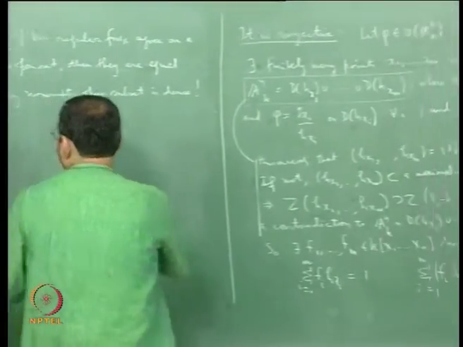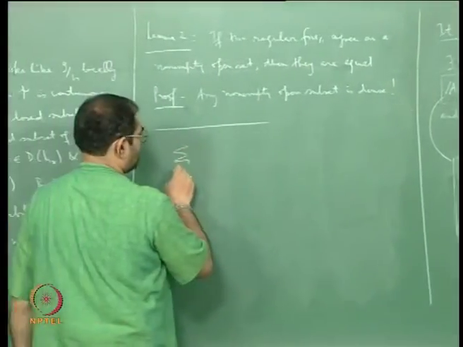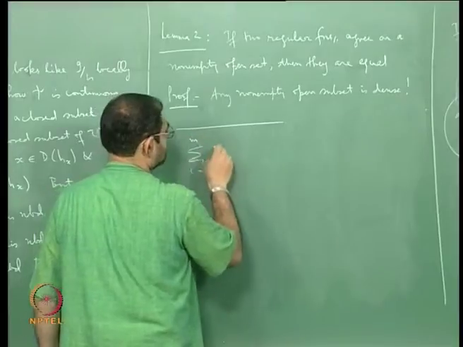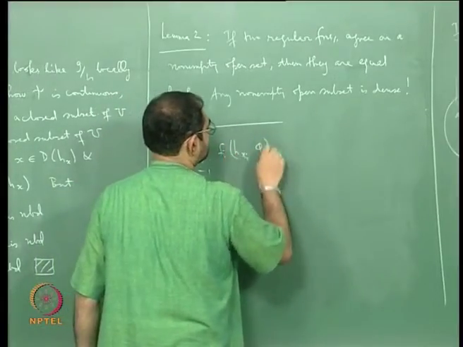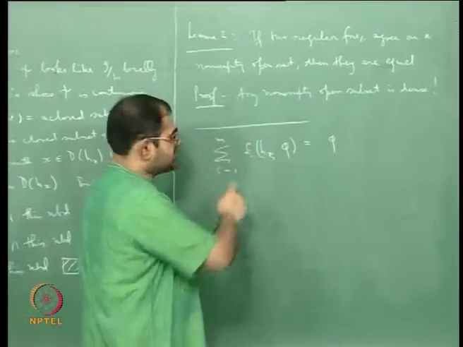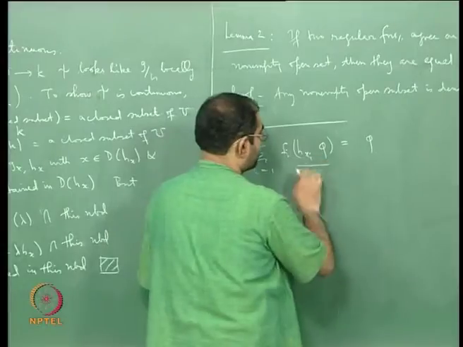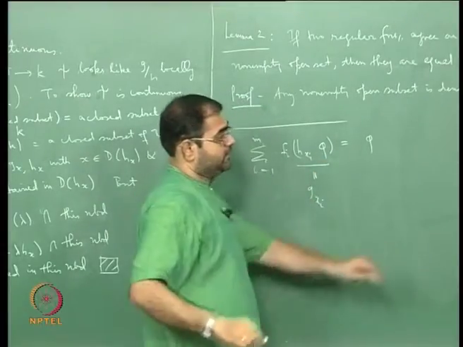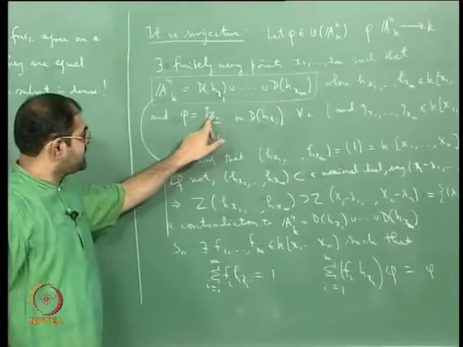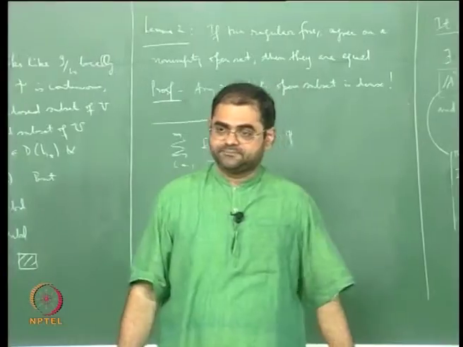So now let me continue. Let me rewrite that: sigma i equal to 1 to m f_i h_xi phi is equal to phi. This is equality as regular functions, but h_xi times phi is the same as g_xi because h_xi times phi is equal to g_xi on D(h_xi) and therefore on the whole affine space because of this lemma.